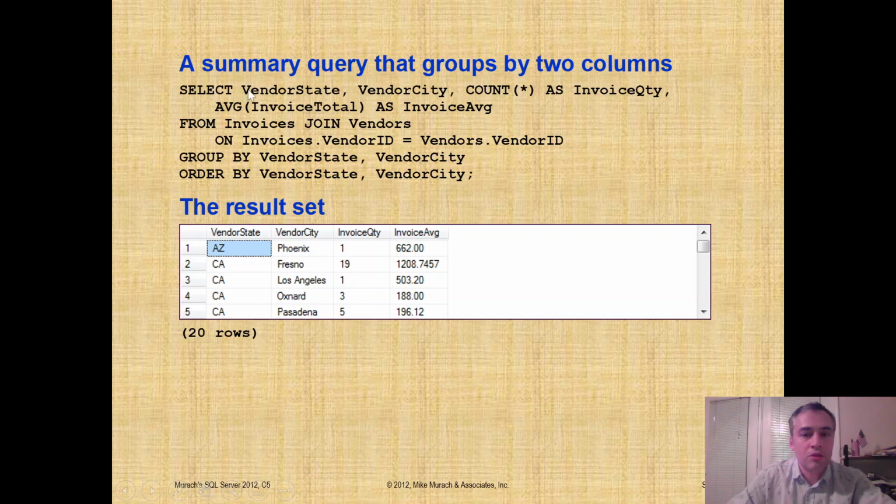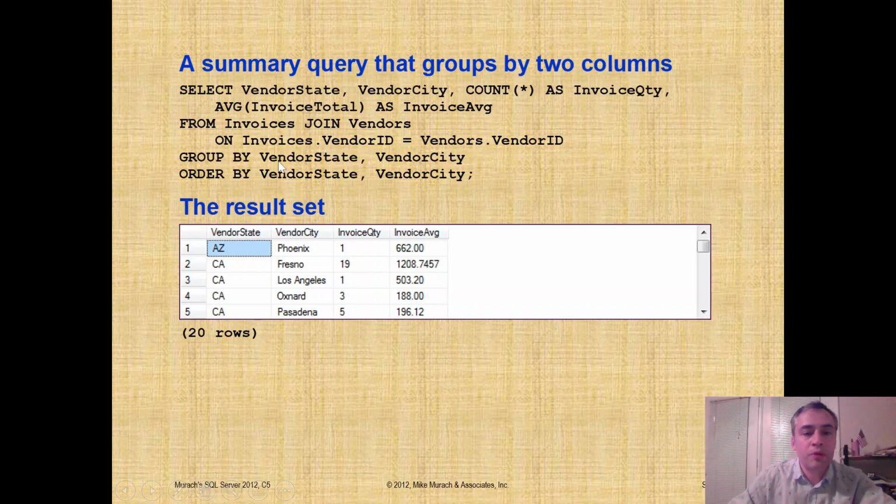Notice that the structure here, there is vendor state, vendor city, count invoices, and average invoice total. From invoices, join vendors. So you can aggregate data and group by data from 2 different tables or more different tables, as long as you are doing the join and then identifying on the key, which is in this case vendor ID.